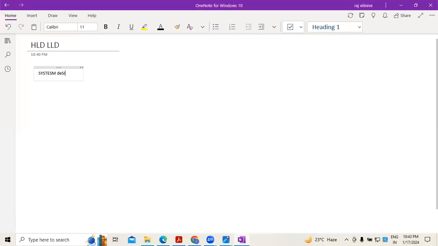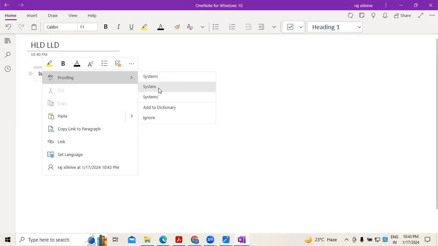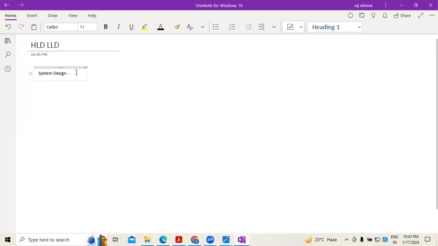First of all, we must know about system designing, right? So whatever the HLDs and everything will come under this part. Normally, system design is the one which will be used to create any application, whatever we want to develop.